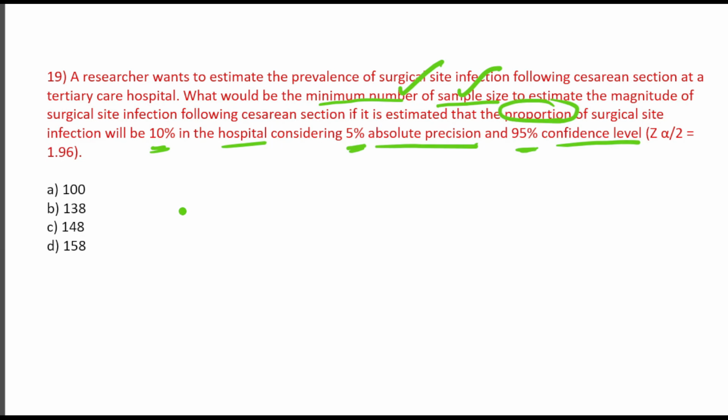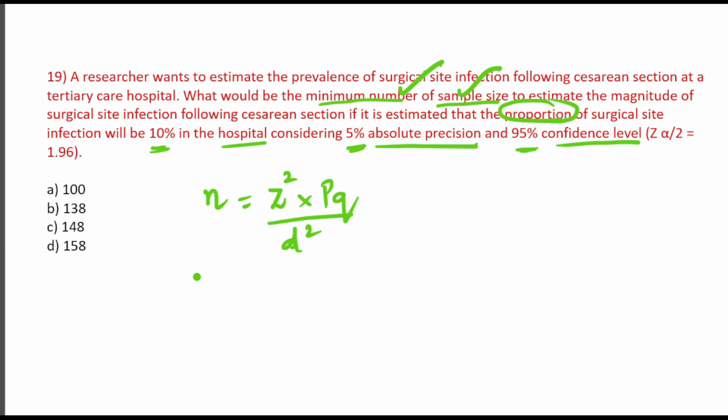So what is the formula for calculating the minimum sample size? For proportions, it is given as n is equal to z square into p q, that is p into q, divided by d square.